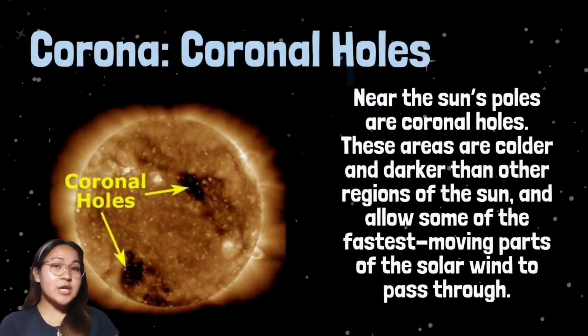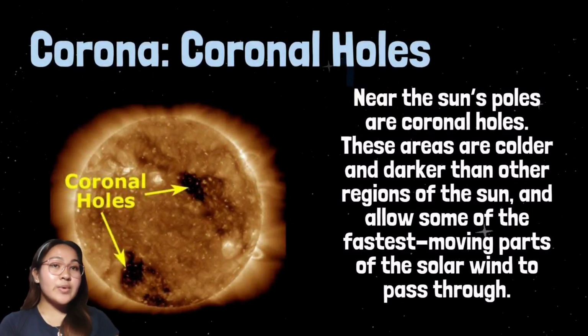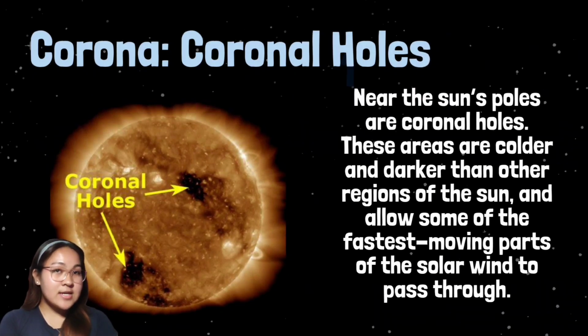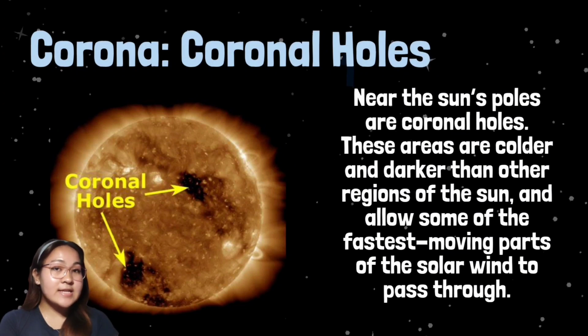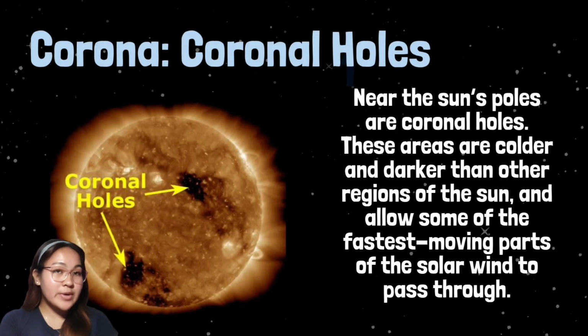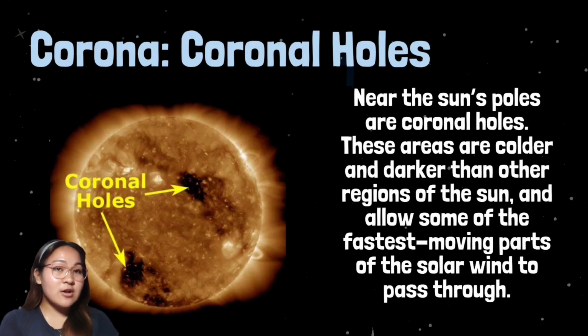On the other hand, during solar minimum, when the sun is least active, another feature of the corona is apparent: dark patches called coronal holes. Coronal holes are openings in the sun's magnetic field where a stream of high-speed solar wind rushes out of the solar atmosphere.